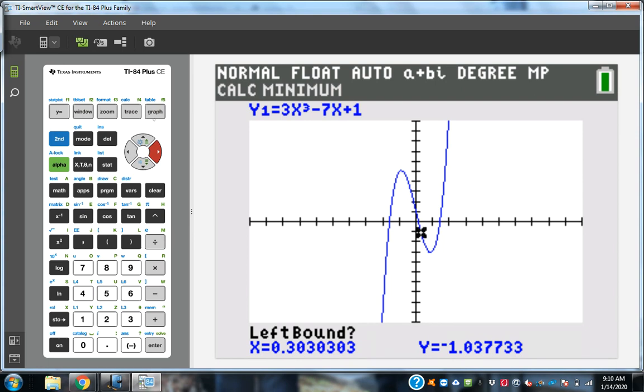So I know what a local minimum looks like. We do. And then I need a right bound. So I hit enter after I get to the left, move to the right, hit enter, and then it asks me to guess. Again, just get close to the one you're looking for and hit enter, and then go 2 decimal places on your values there. So it's at positive 0.88 and then negative 3.12.